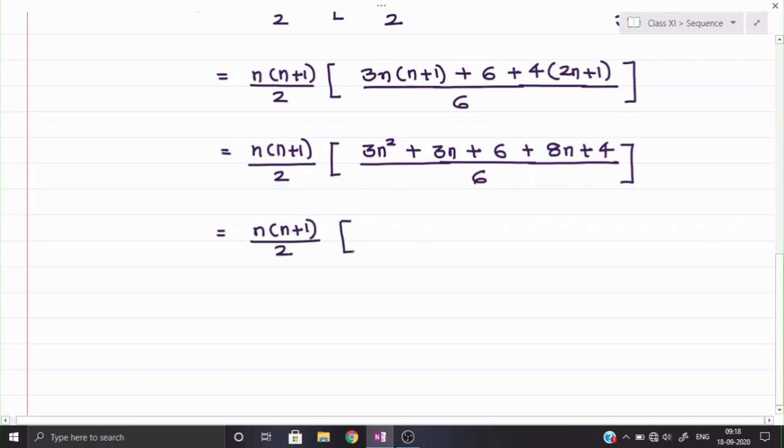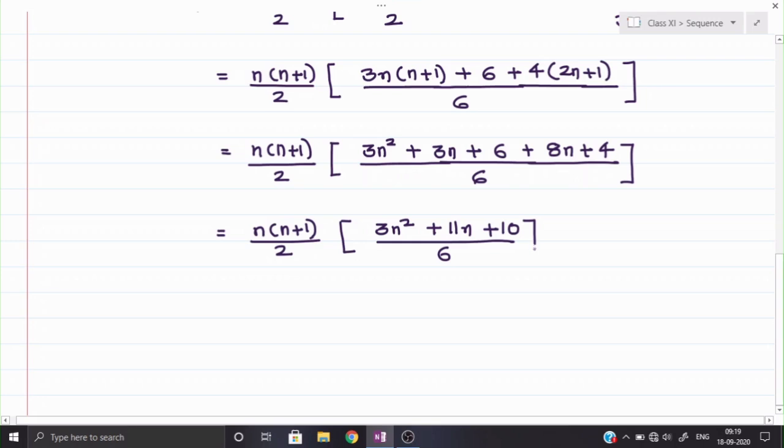Let us add the like terms. So 3n square as it is, 3n plus 8n, that will become 11n, and 6 plus 4, that will be 10, whole divided by 6.